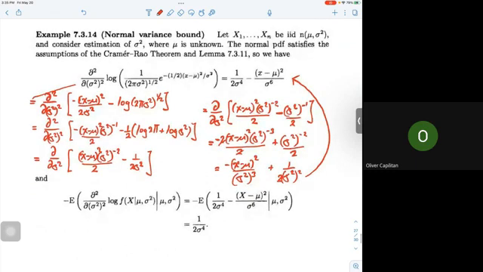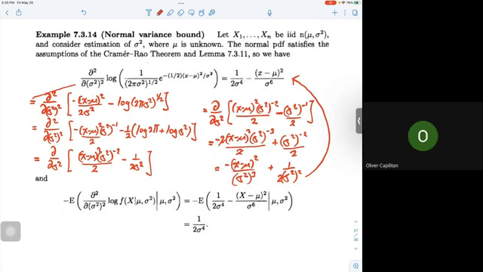Now the negative expectation of this second partial derivative of the log of our PDF with respect to sigma squared would just be equal to, we just substitute the negative expectation of this.